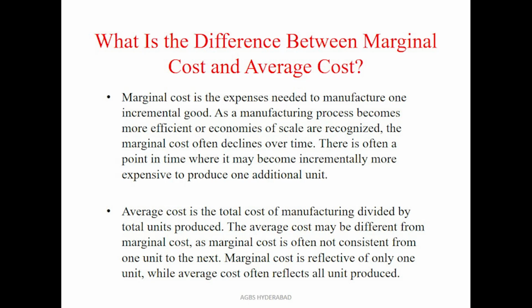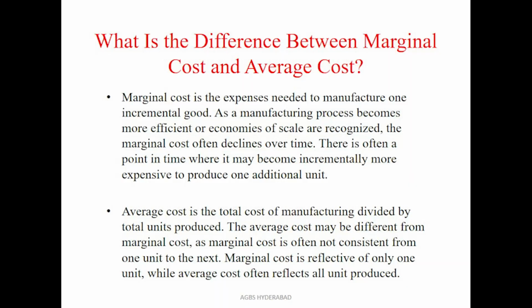whereas average cost is the total cost of manufacturing divided by the total number of units produced. So, the average cost may be different from marginal cost, as marginal cost is often not consistent from one unit to the next, where marginal cost is reflective of only one unit, while average cost often reflects all units produced.